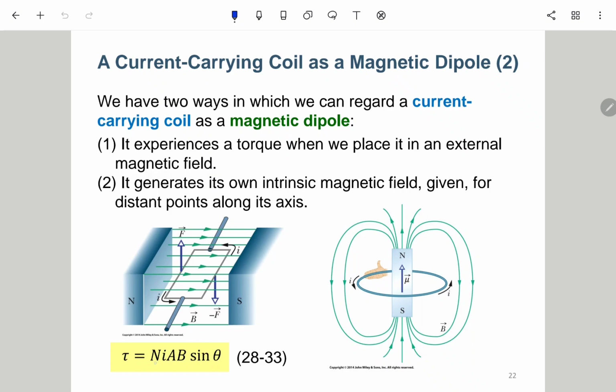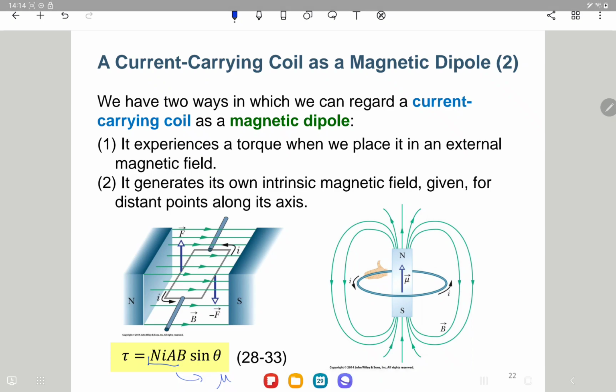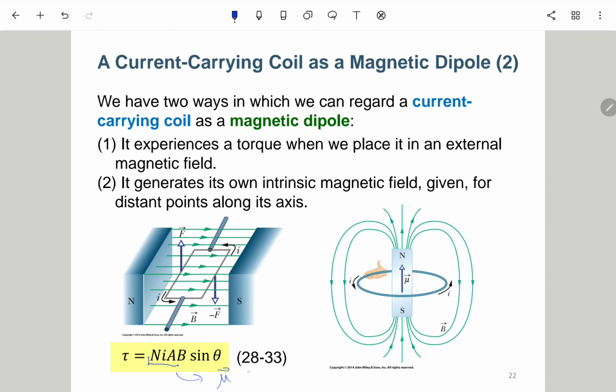And yeah, if you still remember, previously we defined this NIA to be the magnetic dipole moment. The mu equals N I times A vector. Okay, so this is the magnetic dipole moment.